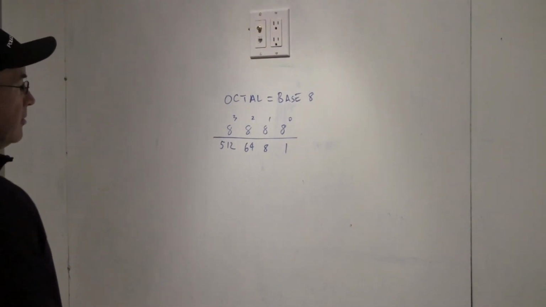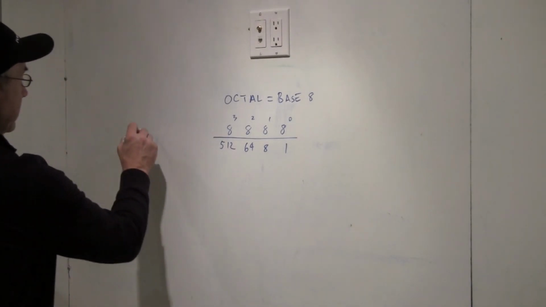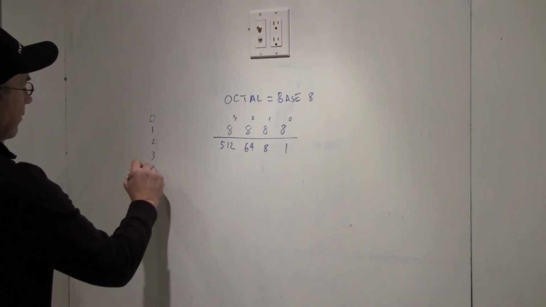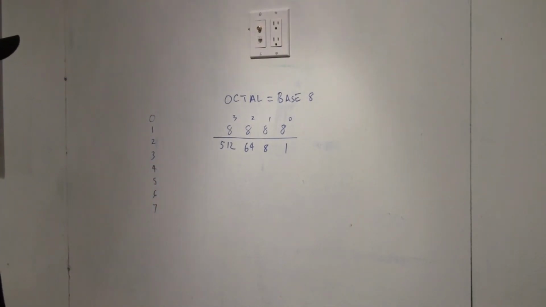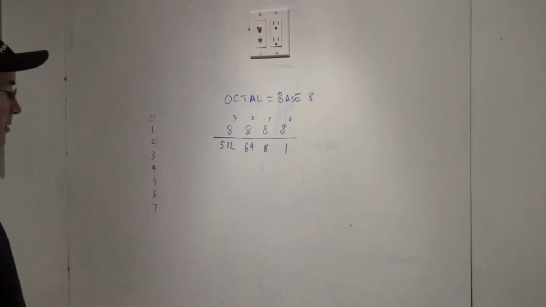In octal, it's base 8, you only need 8 symbols, so you have the symbols 0, 1, 2, 3, 4, 5, 6, 7. That gives you 8 symbols, so there's no digit higher than 7 in octal.